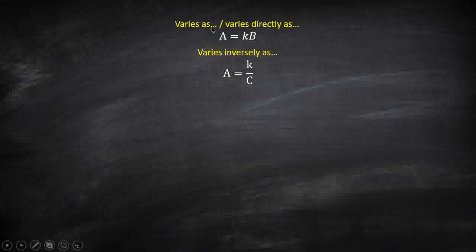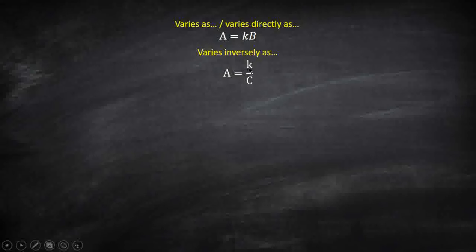As I say, A varies directly as B, A is equal to B, but inversely, it is 1 over C. So A varies inversely as B can be 1 over B. T varies inversely as X, T is equal to 1 over X. In the case of inversely, we have a fraction, and the variable goes to the denominator.